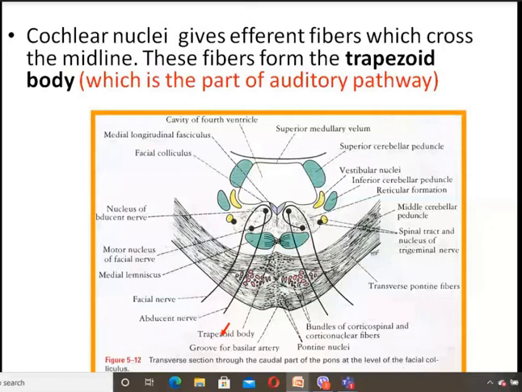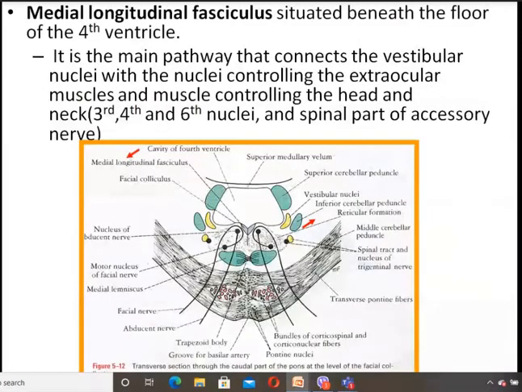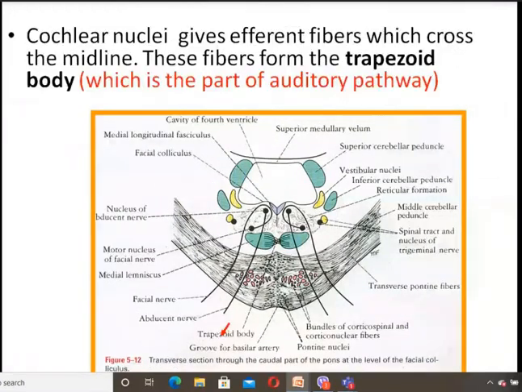So these are the features present at the level of the facial colliculus. Once again, here we can see the trapezoid body, the fibers of the cochlear nerve nuclei. This is the motor nucleus of the facial nerve, and this is the genu, which surrounds the abducens nerve nucleus to form the facial colliculus.